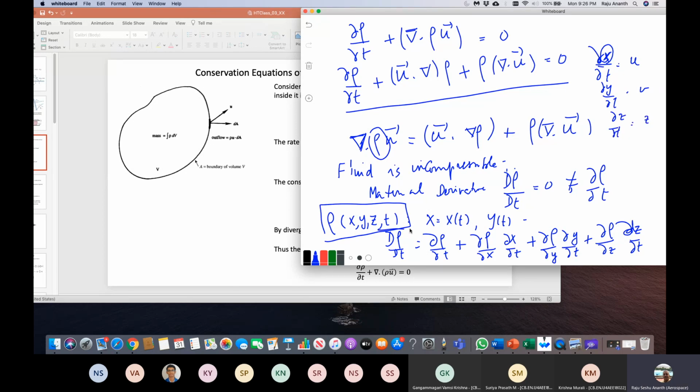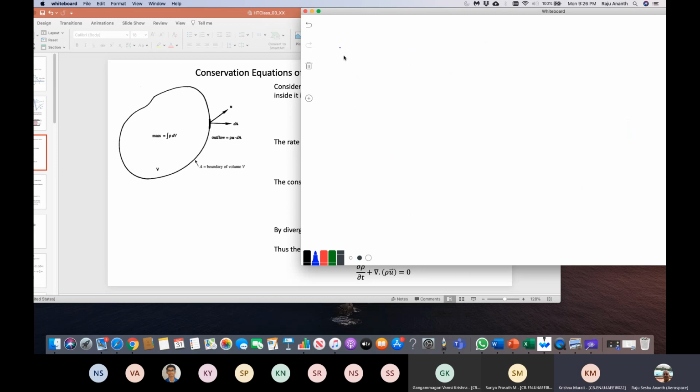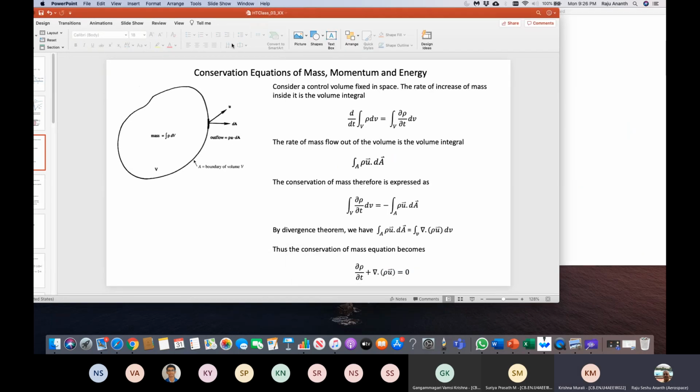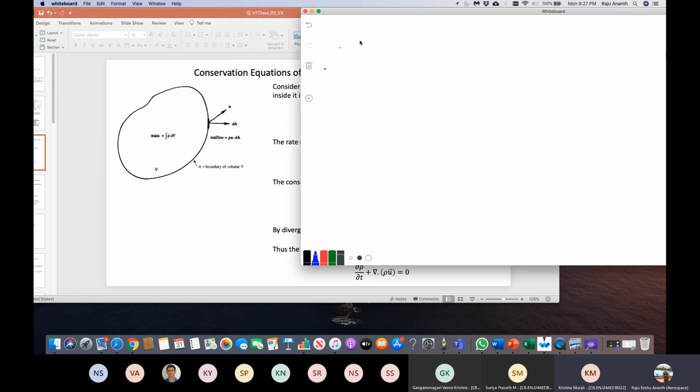So this whole expression, what does it mean? Yes, you had written dou x by dou t. It's a full derivative, right? That's right. It's called the material derivative.